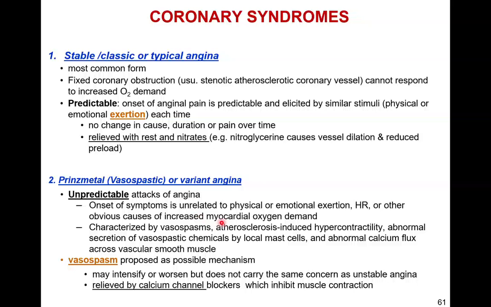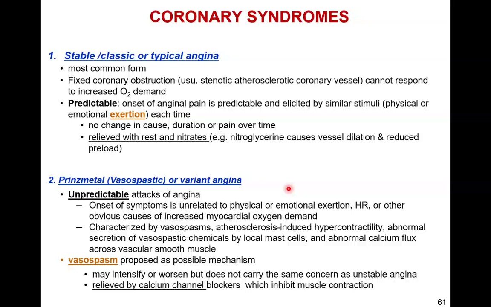The underlying cause for this increased myocardial demand, because you're not exerting yourself, is unclear. The proposed mechanism now is that the pain one experiences as variant angina is caused by vasospasm of one or more of the major coronary arteries.